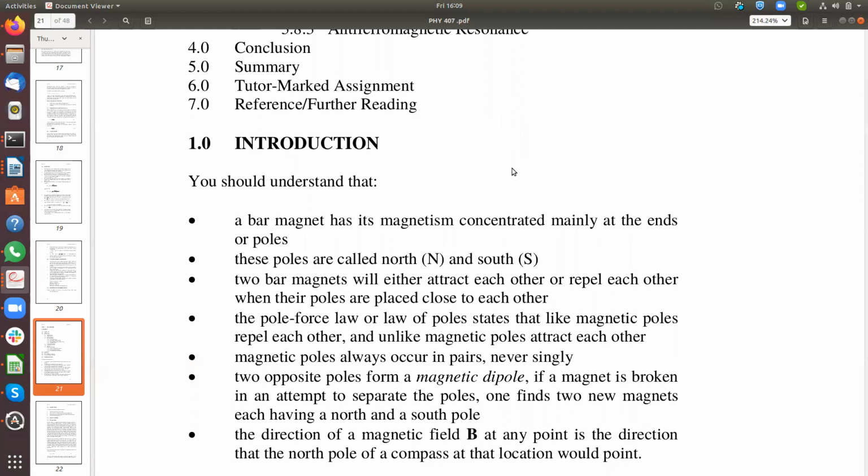If you have two different bar magnets and you bring them together and they attract each other, what that tells us is that the polarity of the two magnets is of opposite sign. One is north, the other is south.